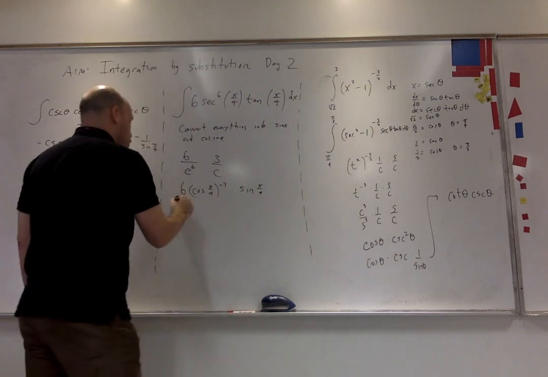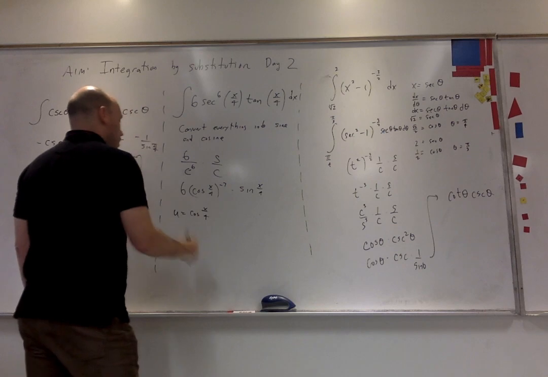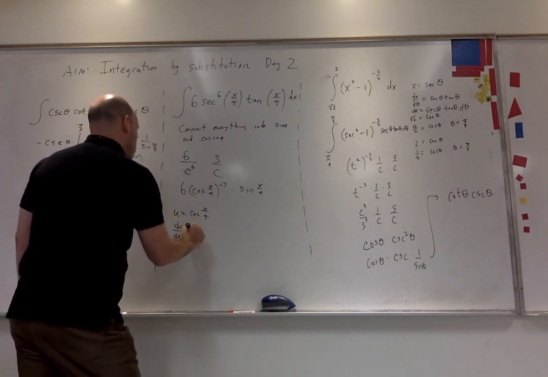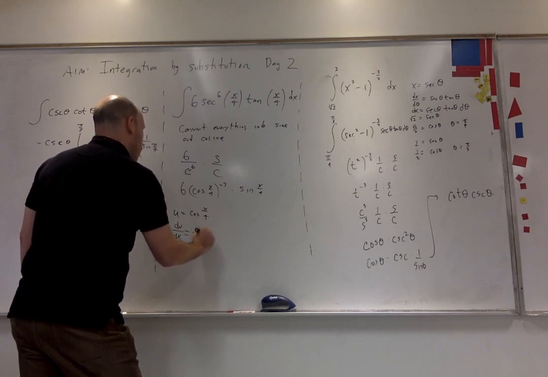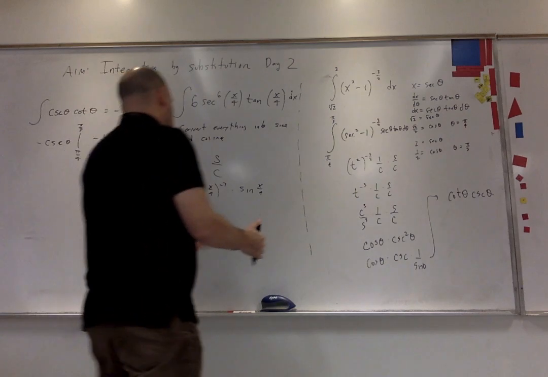And then the last thing is just let u equal cosine of x over 4, and that means du over dx is equal to negative 1/4 sine of x over 4.